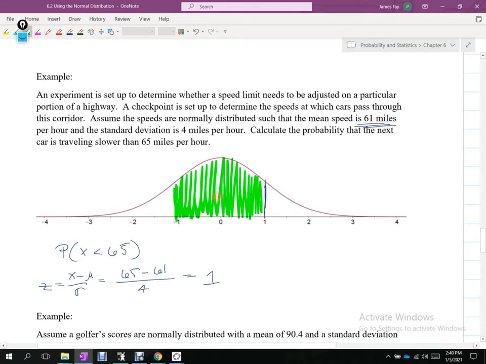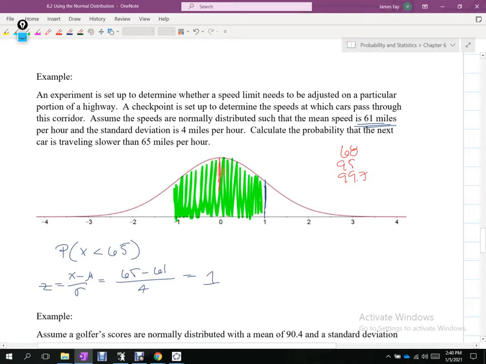So 1 standard deviation to the right of the mean and 1 standard deviation to the left of the mean. Does anybody remember that probability in there? You guys remember the 68, 95, and 99.7% rules? So that green, 1 standard deviation from the mean in either direction, that's 68% of the area under the curve.